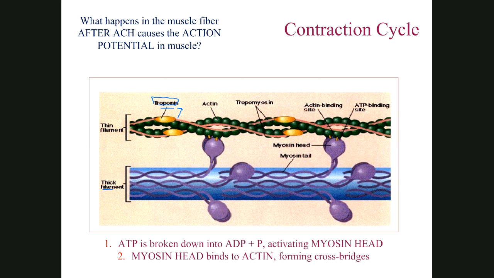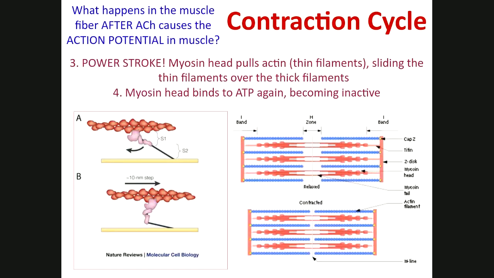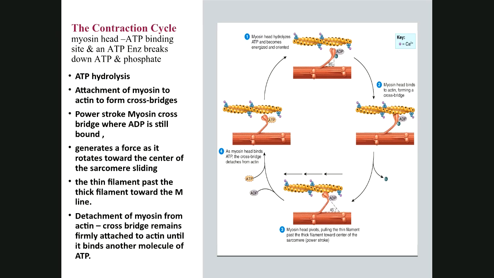And also we need the release of ATP. Once they connect, a power stroke occurs where it kind of walks over each other, and the myosin head binds to ATP again and becomes inactive. It continues this process of contraction until calcium is no longer present and the muscle relaxes.